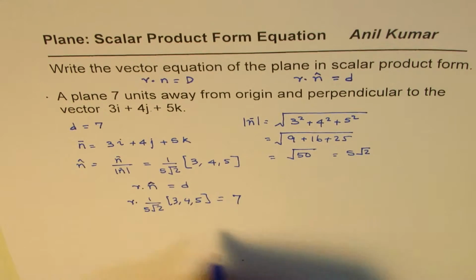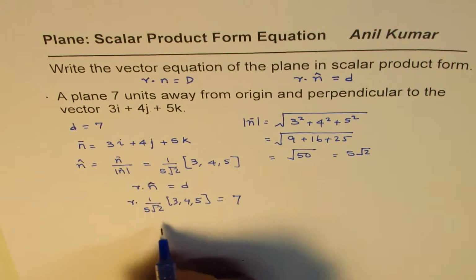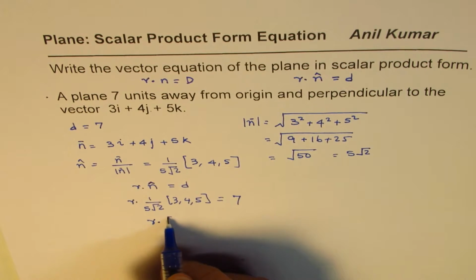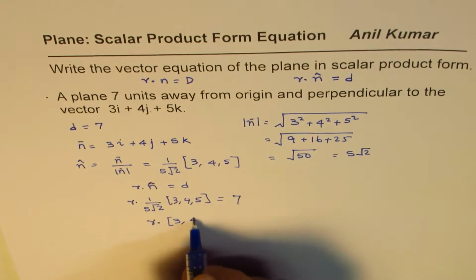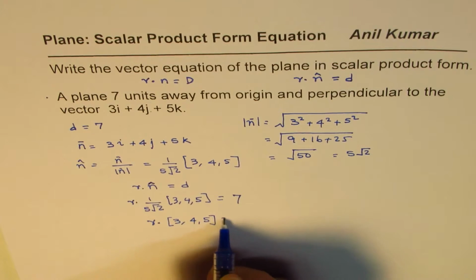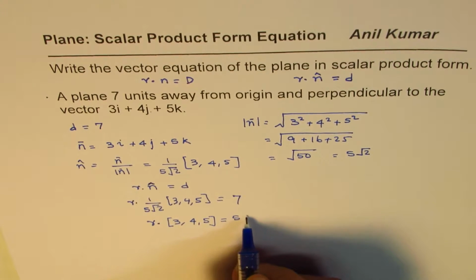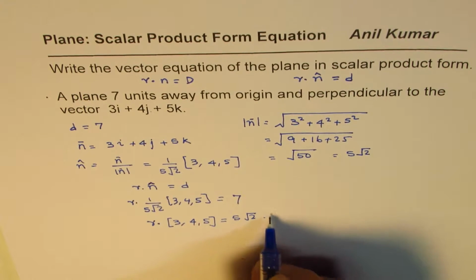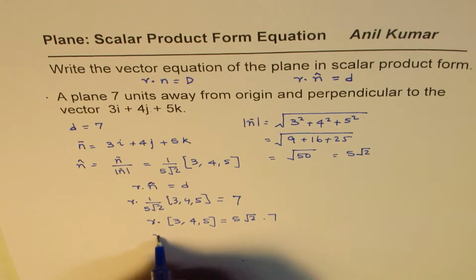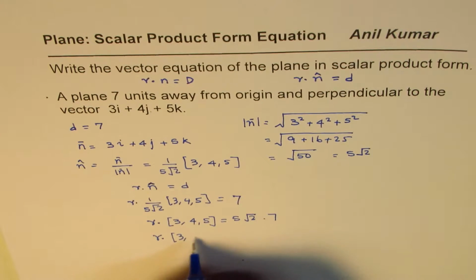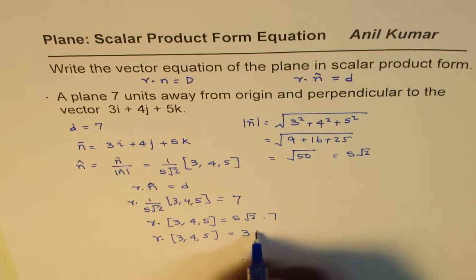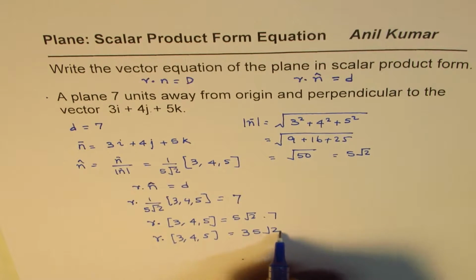We can rearrange this and write r dot 3, 4, 5 equals 5 square root 2 times 7, or r dot 3, 4, 5 equals 35 square root 2, right?